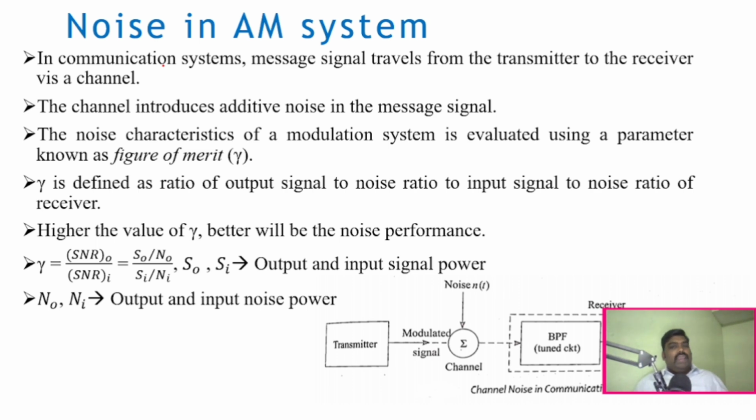So we already know that we transmit any particular message signal from a transmitter to the receiver. The noise will get added to that signal, and that noise is called additive noise. Whenever you transmit a signal from the transmitter through the channel, noise gets added to it, so the receiver receives the signal m of t along with n of t.